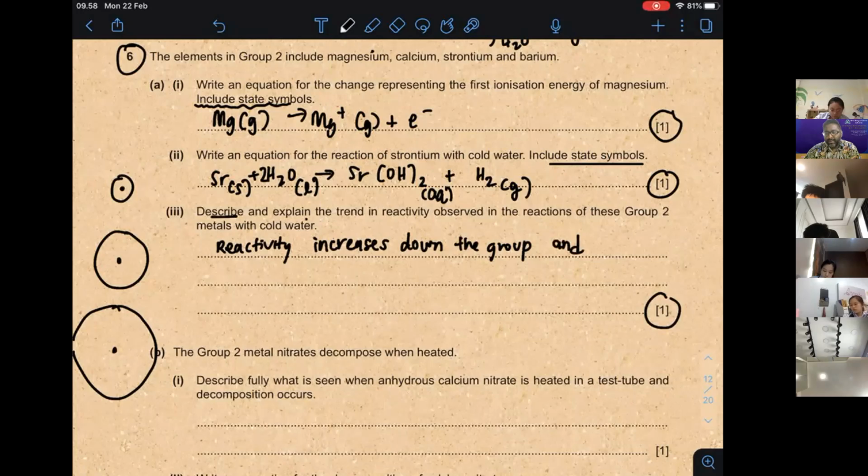You need to tell that it's easier for the electrons to go out. Now, since they already mentioned ionization energy, I think the best way is to relate it with the ionization energy. So you can say it is easier, or you can mention the ionization energy. It's easier to ionize down the group.